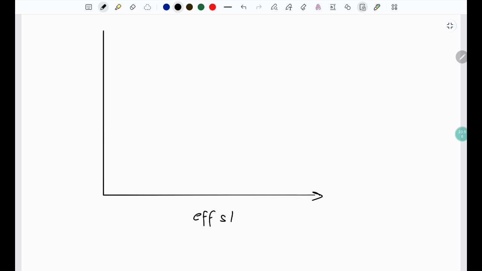This is our graph, on which we have the effective stress, and this is our axis on which we have the void ratio. Let us say we had an initial void ratio e0, and the soil was already subjected to its natural loading state sigma naught. Now as we increase the effective stress, this is how the soil starts varying, in a concave curve.